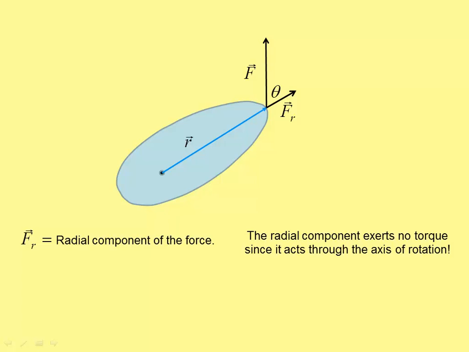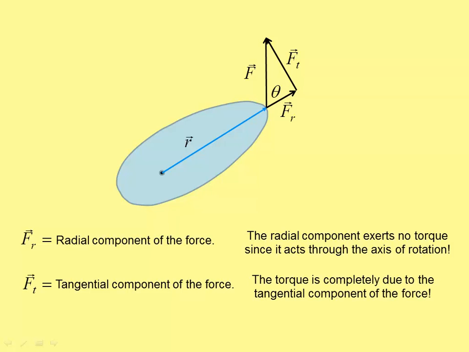You're pulling straight out on the object, you're not going to get it to turn at all. That means that the other component, which we're going to call F sub t for tangential component of the force, the part of the force that's perpendicular to the radius, if you will, is the entire cause of the torque. Right? So the entire torque is due to the tangential component of the force, and none of it is due to the radial component of the force.